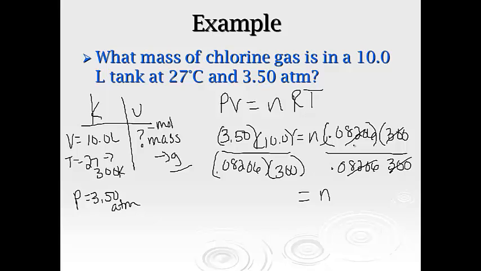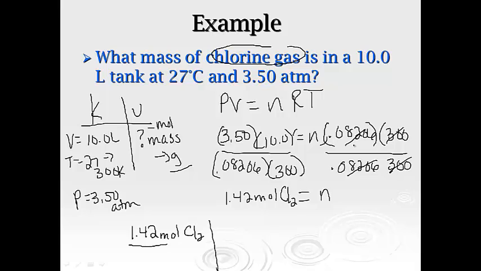Our answer is going to be 1.42 moles, and it's chlorine. If you remember about chlorine gas, chlorine is part of the Hunkel Fibber, so we find it as Cl2. The last step that we have to do: we've got 1.42 moles of chlorine gas, and we've got to go to grams. So we go to the periodic table, and we find that chlorine's molar mass is 35.45.